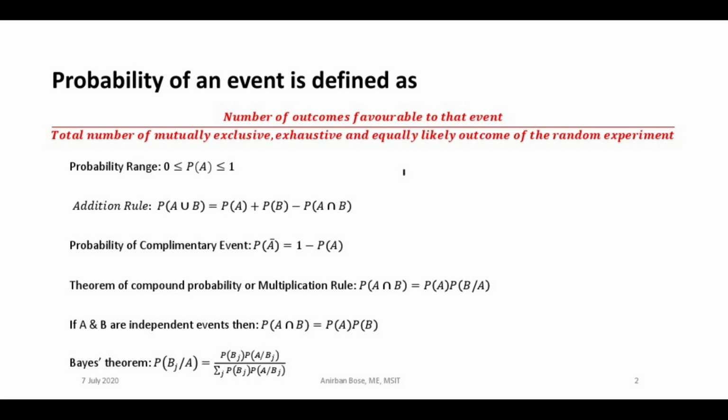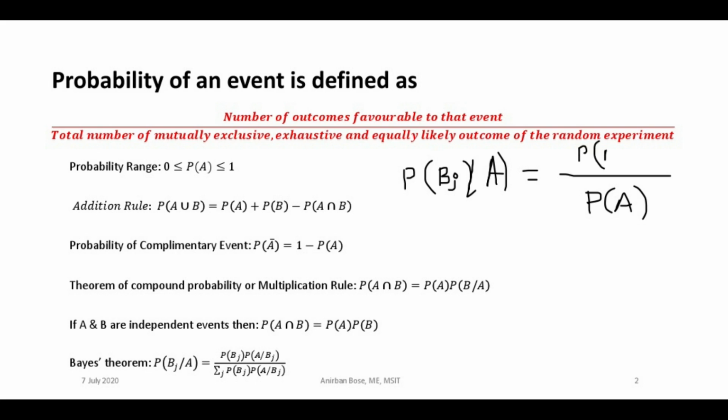According to this property, the probability of a particular event, say Bj, given A is equal to probability of A, and here it is probability of Bj into probability of A given Bj. So this is the Bayes theorem.